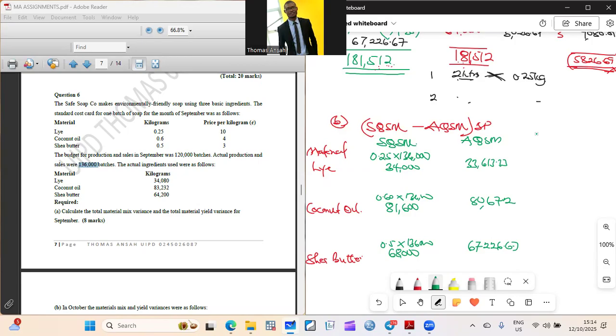The difference is what? All right. SP doesn't change. 10, 4, 3.